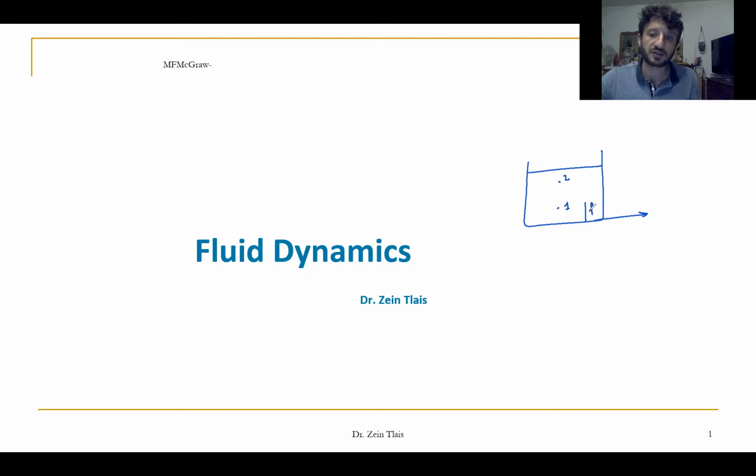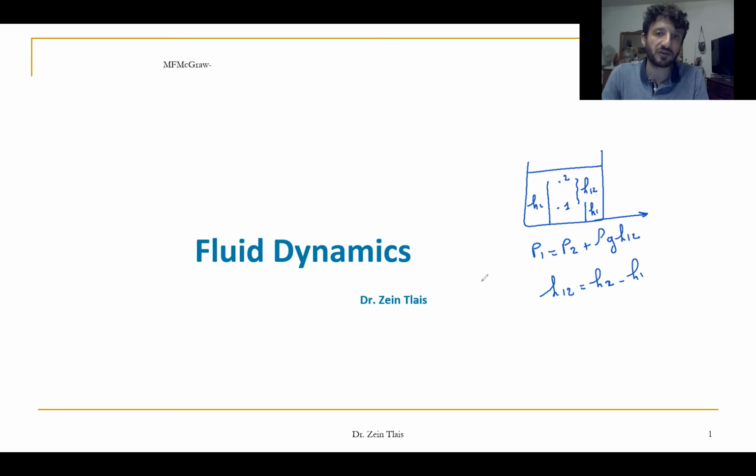Here we have h1 and here we have h2, and p below equals p above plus rho g h12, where h12 equals h2 minus h1 is the height between point 1 and point 2. This is in the case of a static fluid.